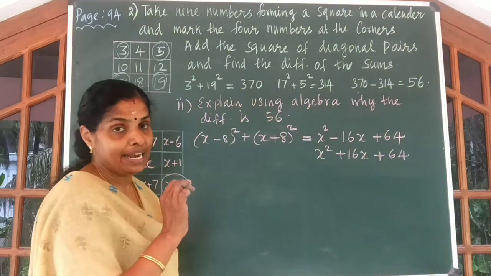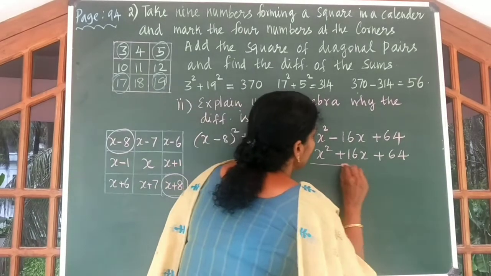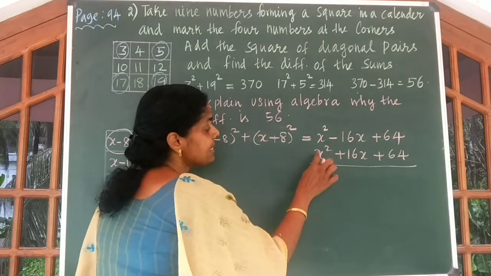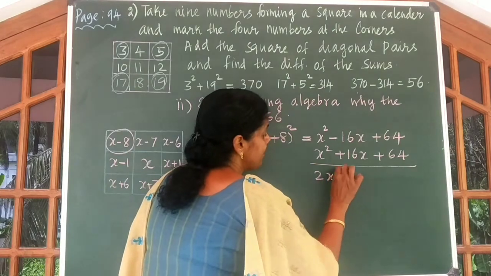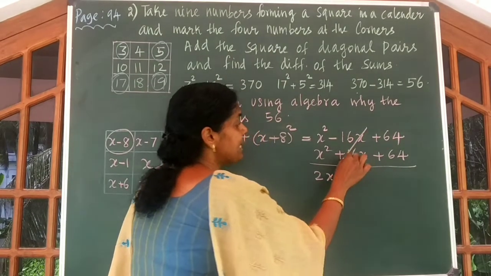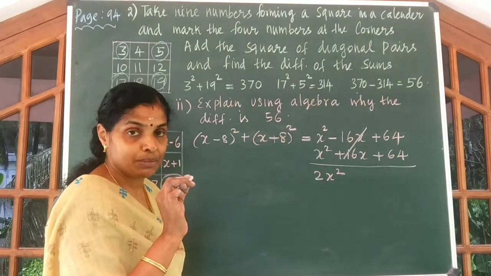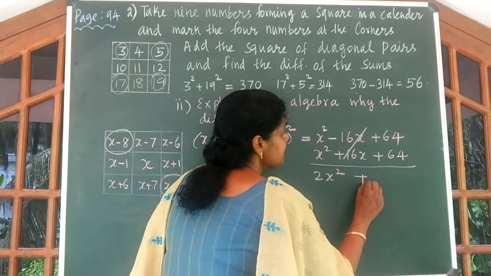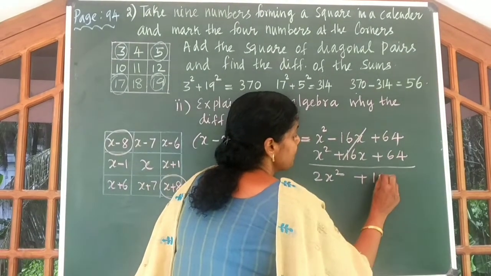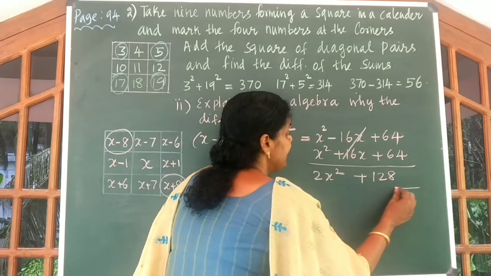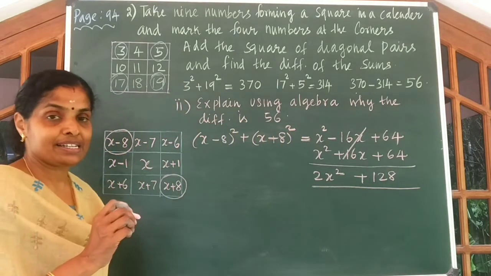Now let us add the 2. If you add the 2, you get x square plus x square, 2x square. Minus 16x cancels with plus 16x, 64 plus 64 gives you 128. Is it clear?